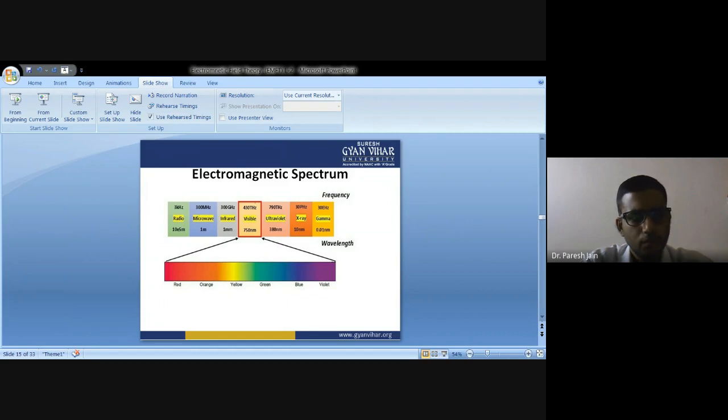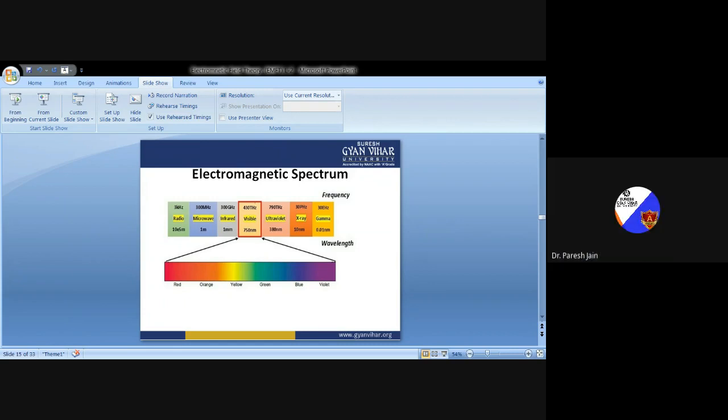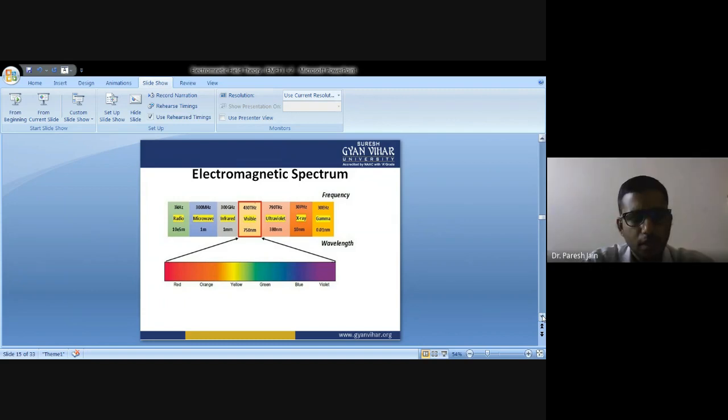It is shown in the figure, and now we have visible light, and this visible light contains the different spectrum of colors.